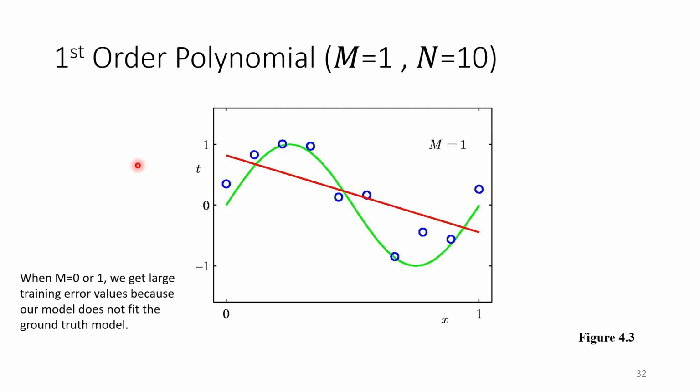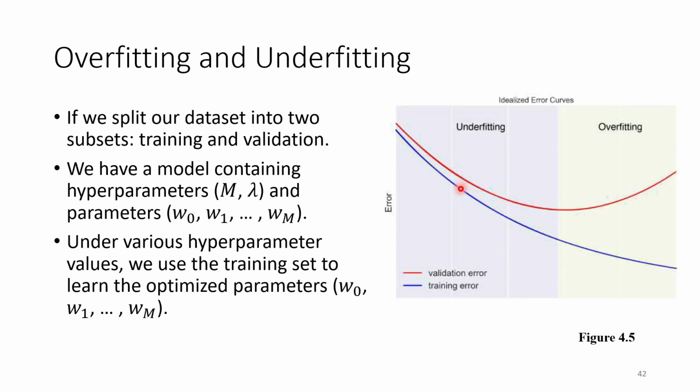So this case is underfitted. The blue line means the error term of those training data is quite large.